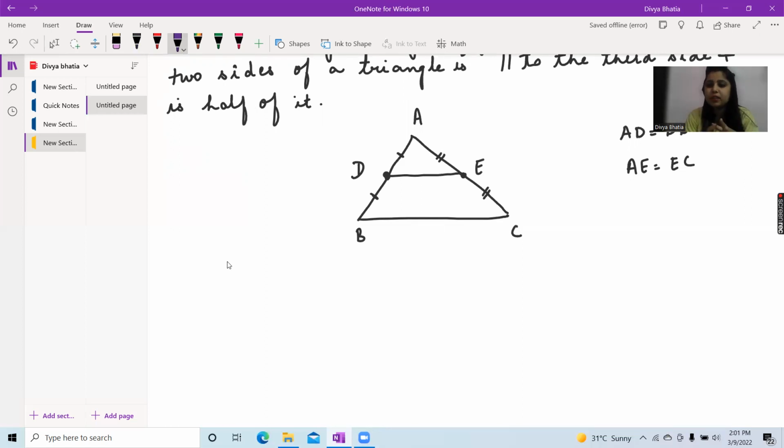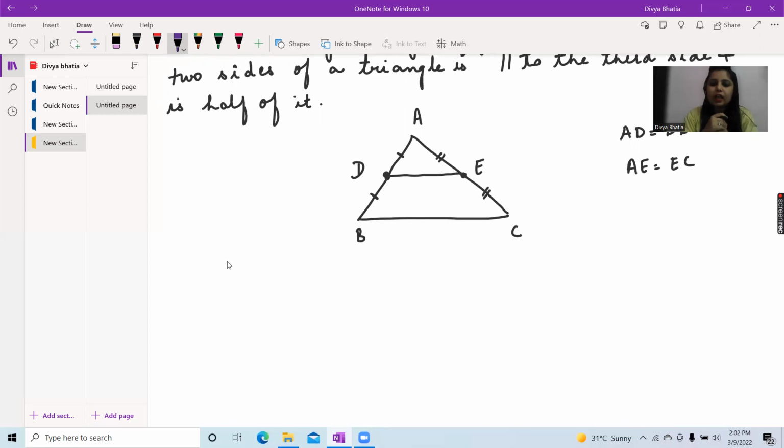Yes, they will be similar, but they won't be congruent. This theorem can also be proved using similarity, but we are going to prove it using some other concept. We'll take the help of quadrilaterals, basically.